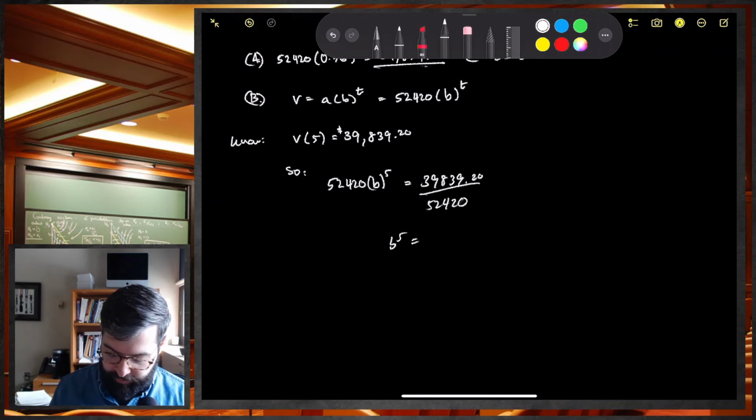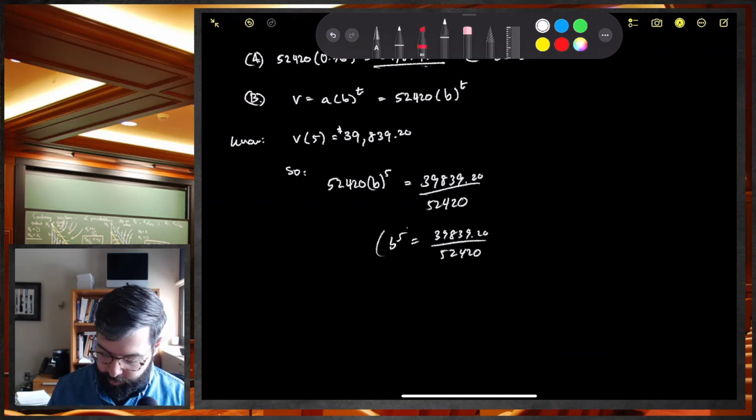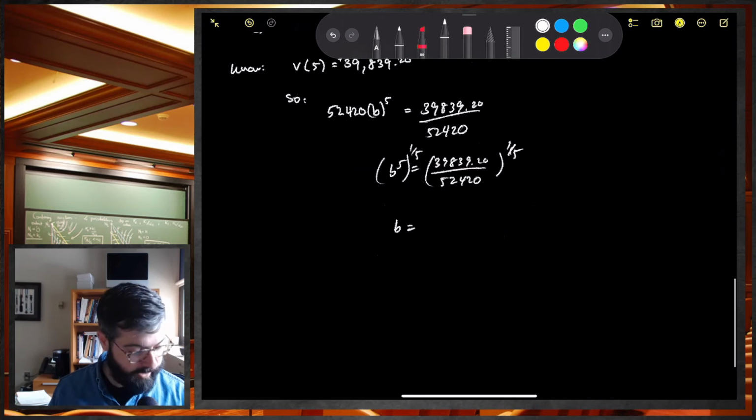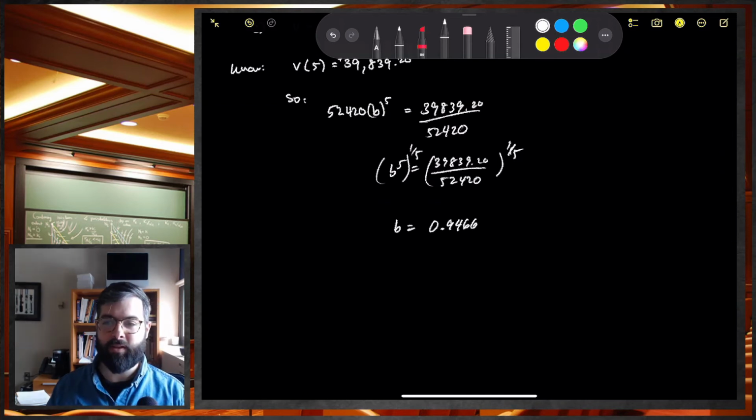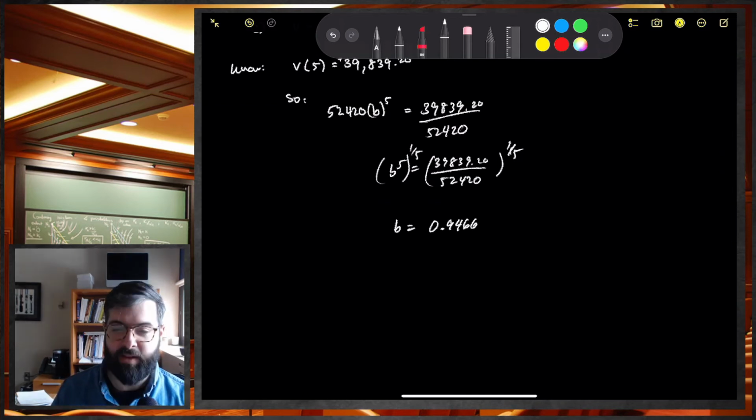You get b to the 5th equals this number here. And then do what? Raise both sides to the 1/5 power, right? Or take the 5th root of both sides. And what you should get is 0.9466, which makes sense. It means it's losing roughly 5.5% of its value every year.